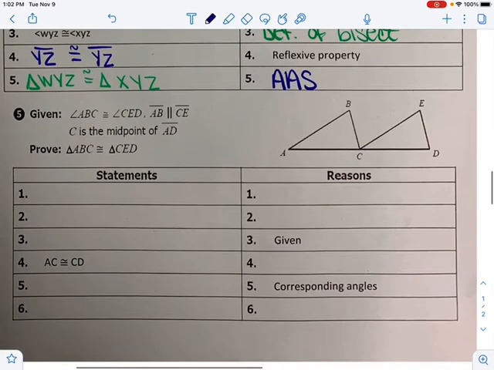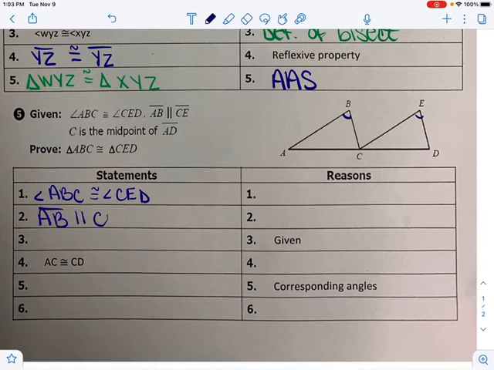Again, start with the free information. The fact that I have a given on line number 3, again, tells me that all my givens will be split up. Angle ABC is congruent to angle CED. And right now I'm going to go mark those. There they are. Next thing I'm given is AB is parallel to CE.